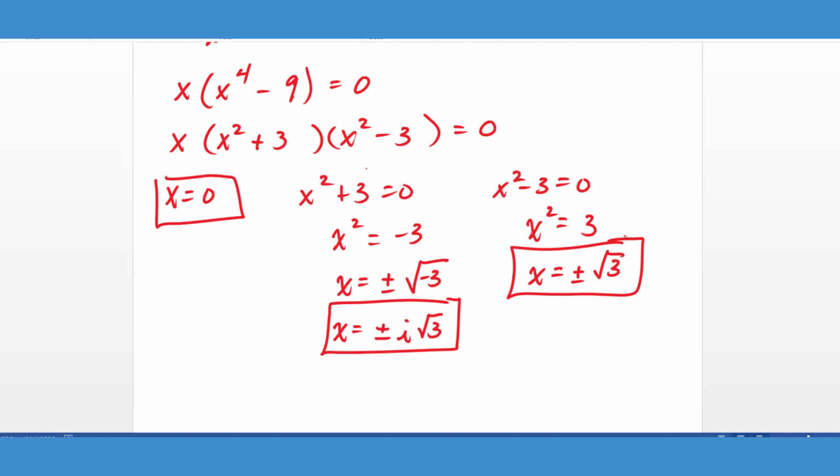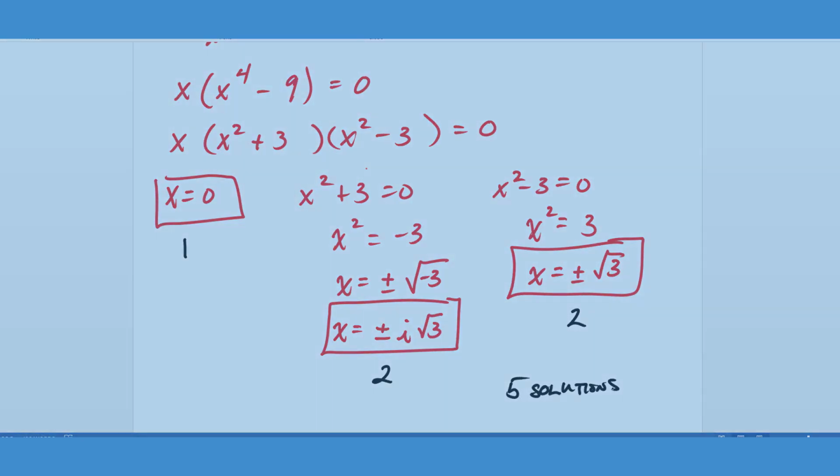Okay, so now what you can see here is we have 1 solution, 2 solutions, and 2 solutions for a total of 5 solutions. So that means we got all of the roots out of this equation. All right, so that's a good example of how you can use these factoring skills to help solve equations, higher degree polynomial equations.